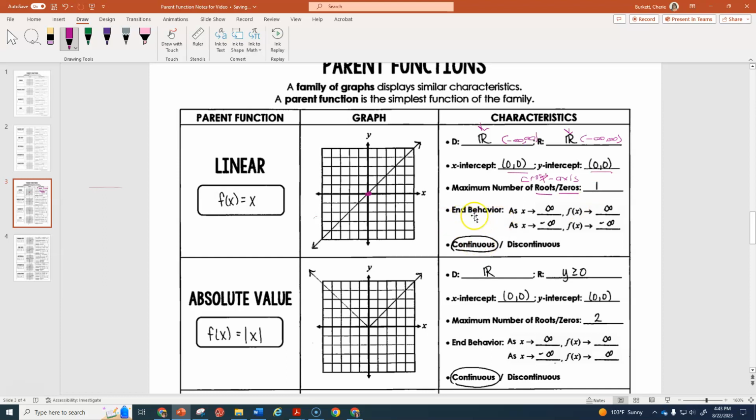In behavior, this is new. This is your Algebra 2 stuff. All of this other stuff up here you probably talked about in other courses, but in behavior is new. What I'm talking about in behavior is this right here.